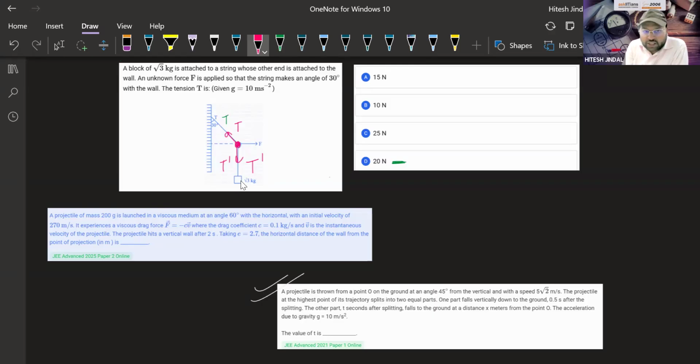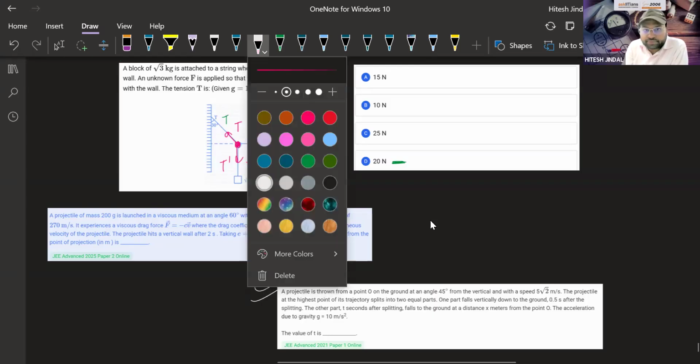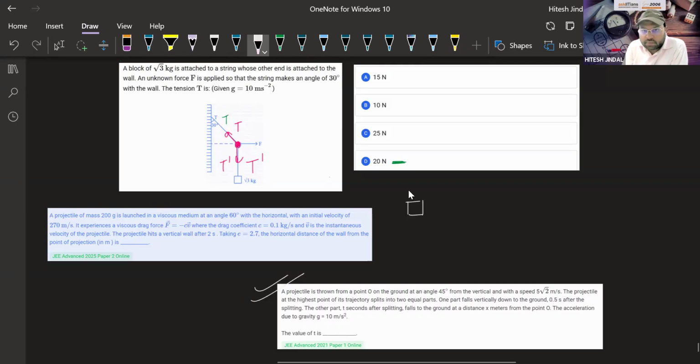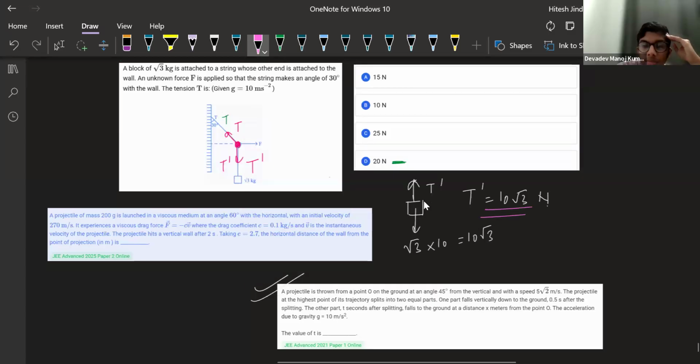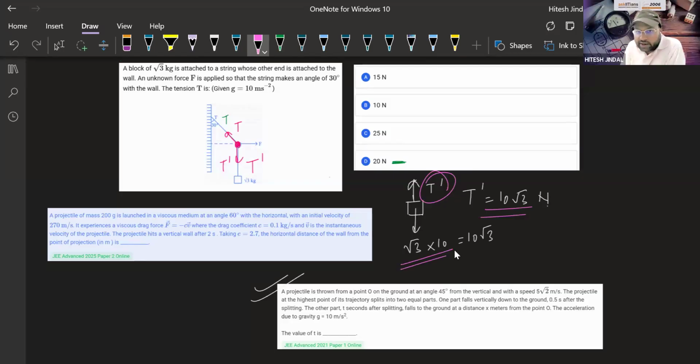If it is here T dash, what is the tension on the block? T dash only. The block is attached with this part of the spring, and one force is here, root 3 kg. It is root 3 into g, that is 10 root 3 newton, right? Can I say that T dash is equal to 10 root 3 newton? Tell me. Yes, sir. Because this T dash has to balance this weight for the block to be at rest.